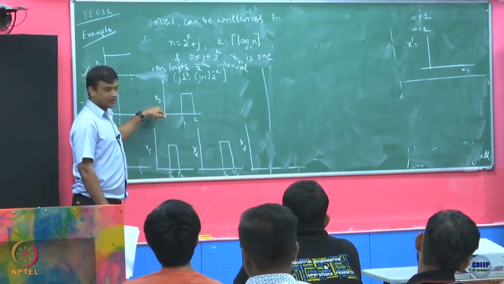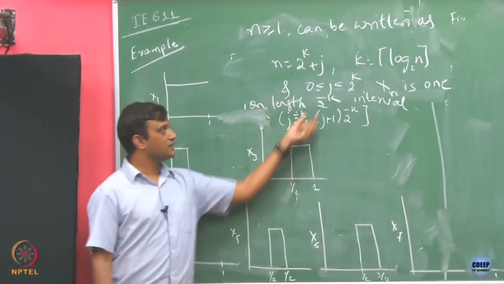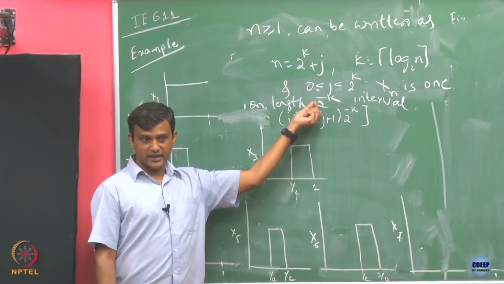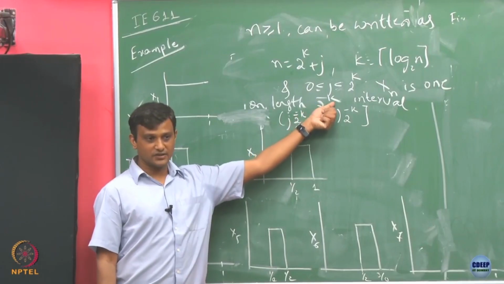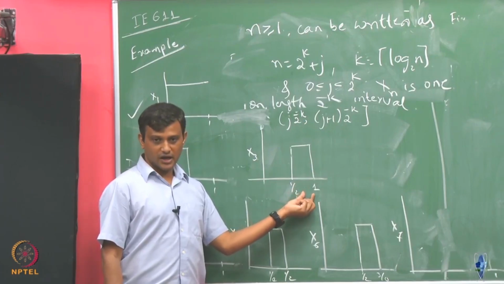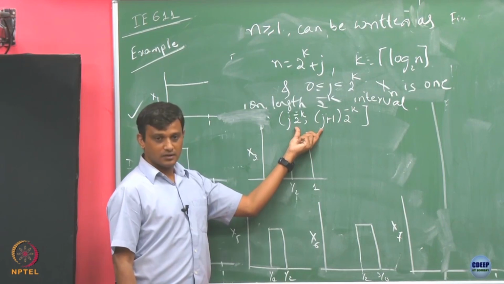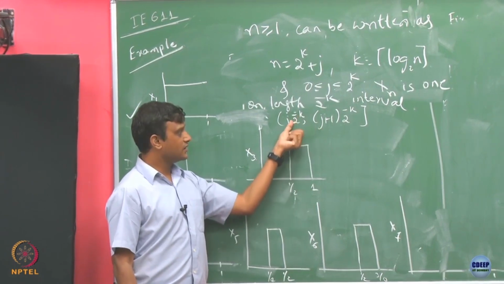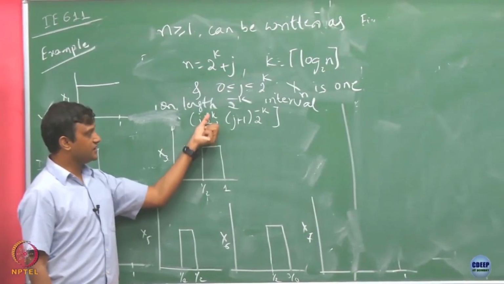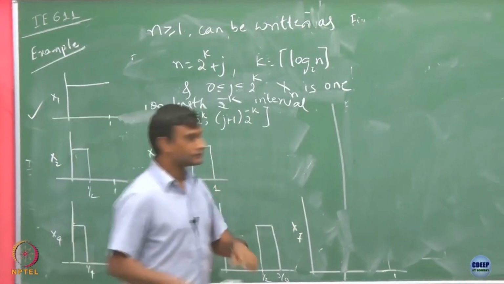So 3 can be expressed in this form, and for this k equals 1, so this is going to be on a half, and what is that interval? It is 1 by 2 to 1. So this covers the second half.